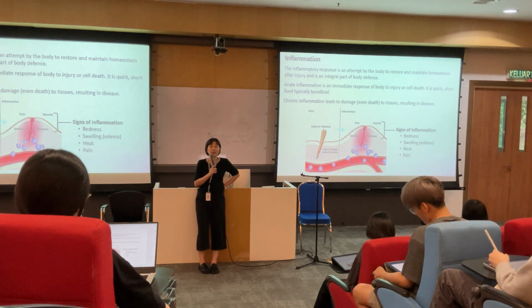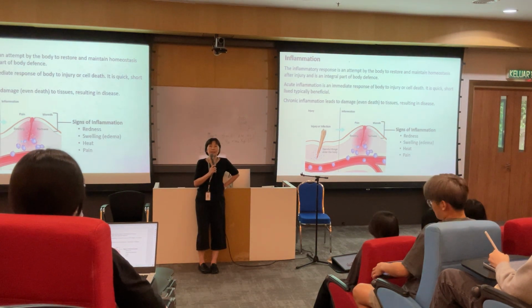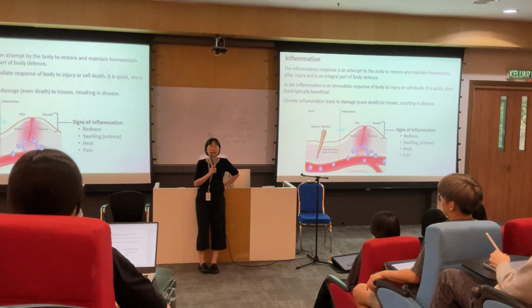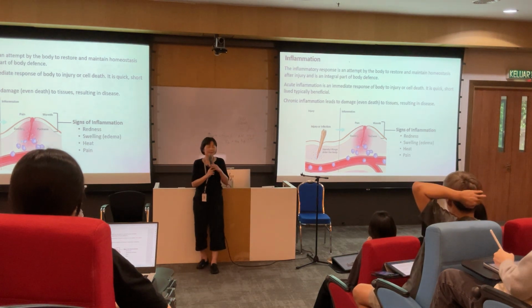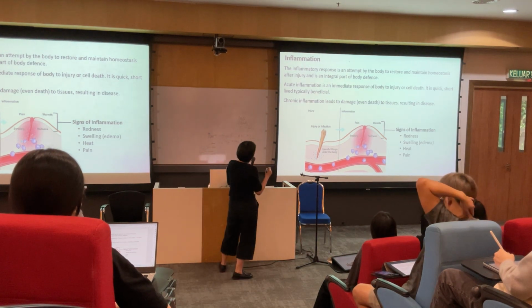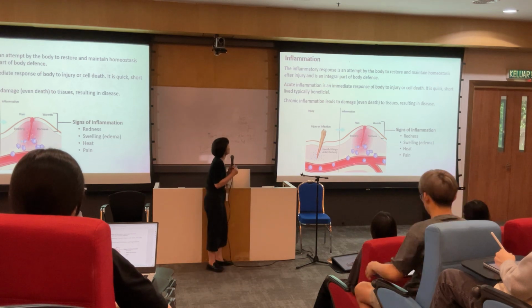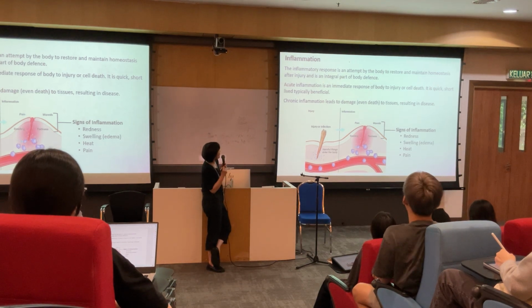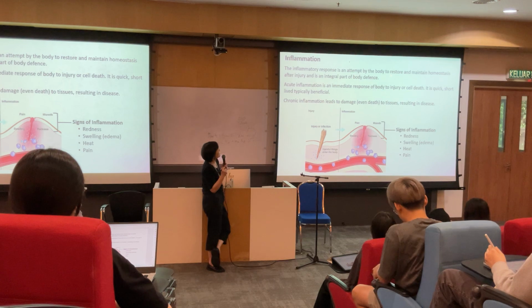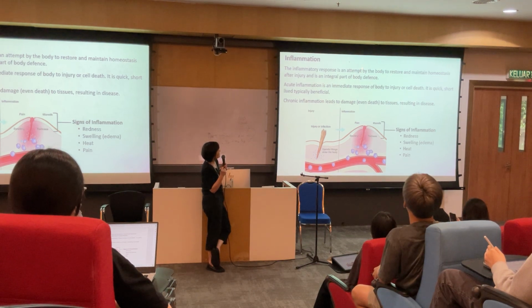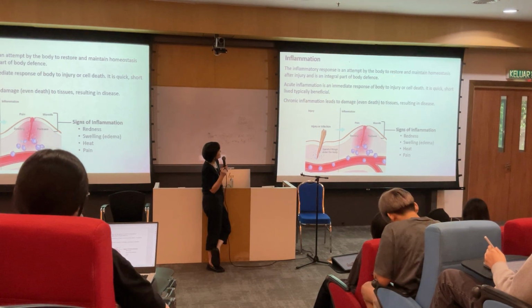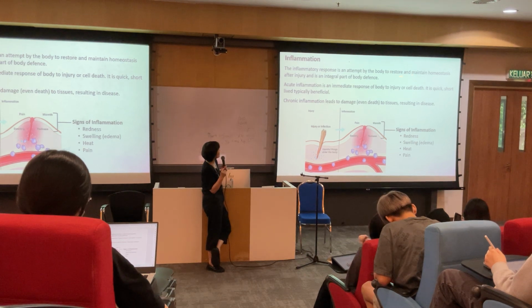If you do not have inflammation, it's a sign of a weak innate immune response, meaning that your immunity is not so strong. So it is actually a good thing, because it is an attempt by our body to restore and maintain homeostasis after we have an injury or infection.